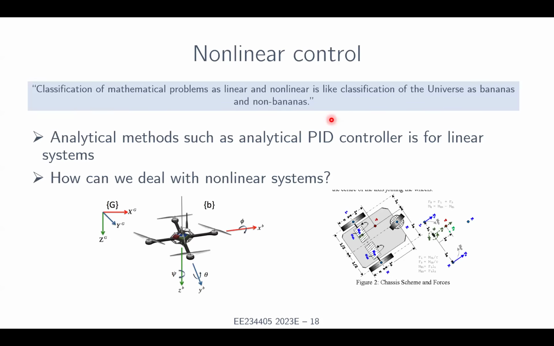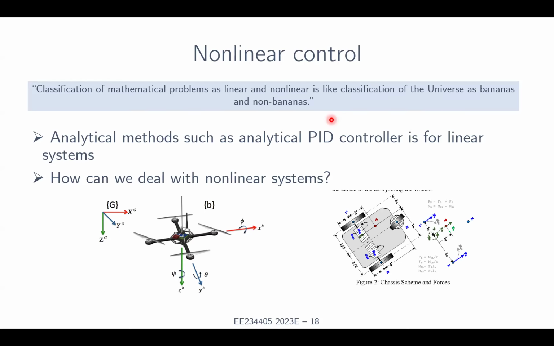Right, so next we will maybe just cover a little bit about linearization and nonlinear systems. Maybe not nonlinear control though. So far what we have studied, such as the PID controller, transfer function, Ziegler-Nichols and so on, is for linear systems, right?